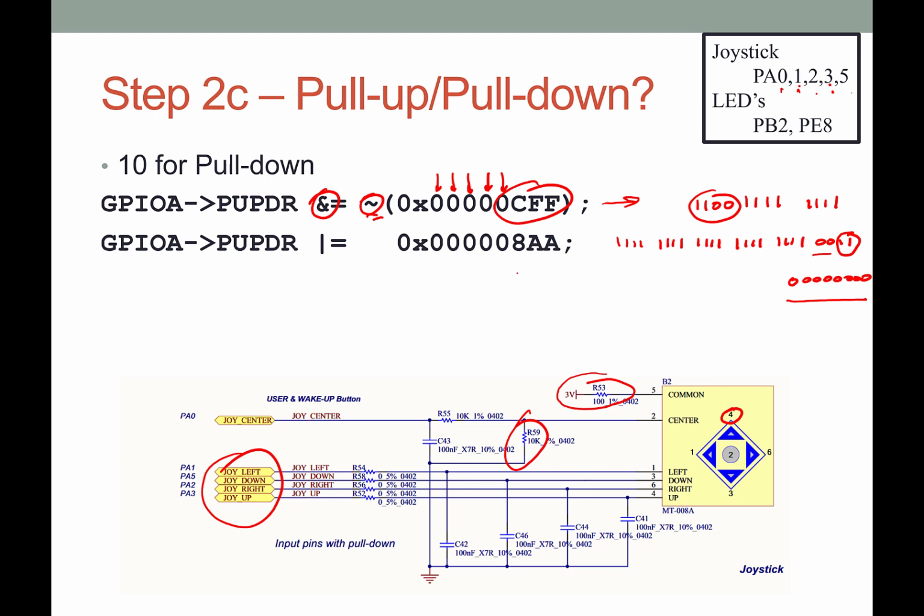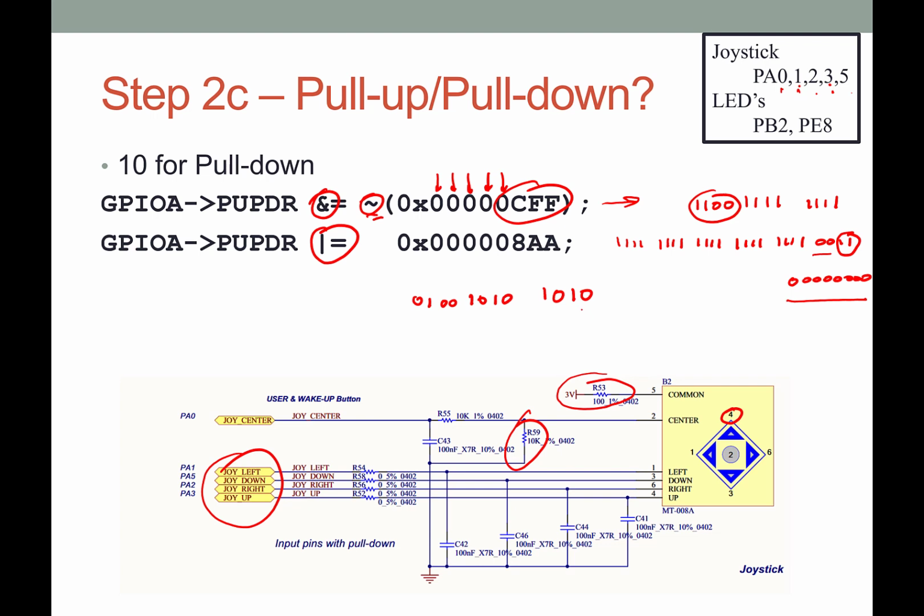Then what are we doing? We're putting in 0x0000 08A, and we're doing the bitwise OR operation for that. So what is that? That is 1010, A is 10, so 1010, and then 8 is 0100.